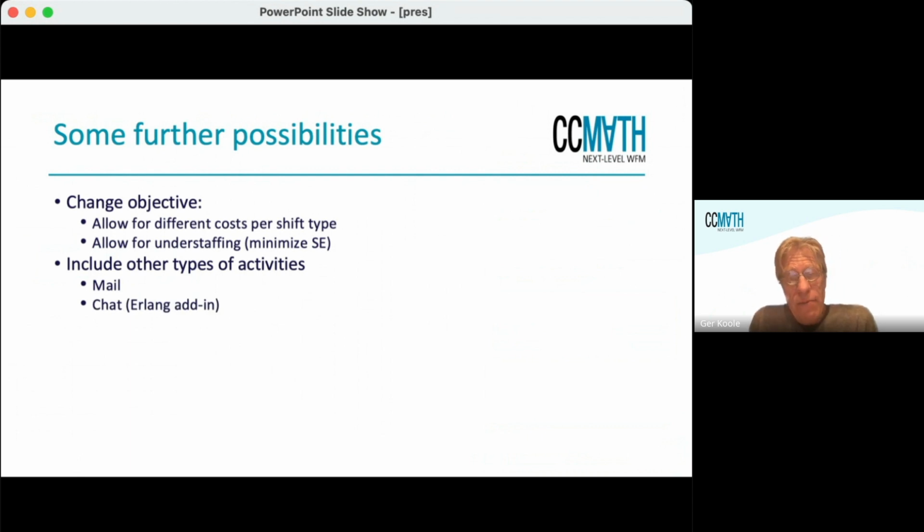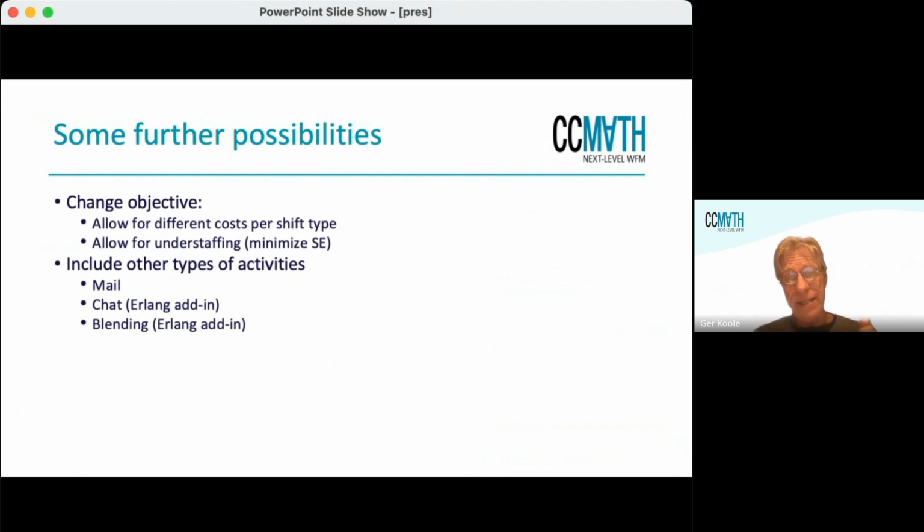Just as we use the Erlang formula for inbound, we also have an Erlang formula for chat. You can even blend mail and inbound. At the moment that your agents have overstaffing according to the inbound, then because of the blending, agents will do more mails, and the same tooling also reports how many mails.